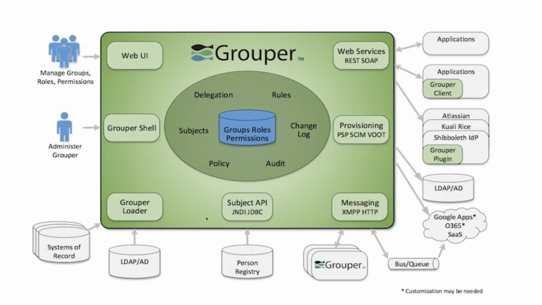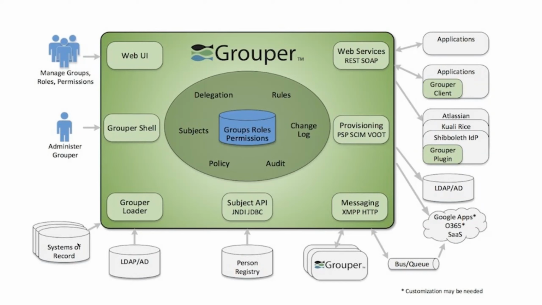Let's start out here at the bottom left corner of the diagram. These are where those loaders exist, or this is the Grouper loader part.